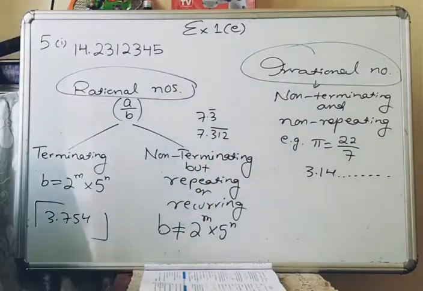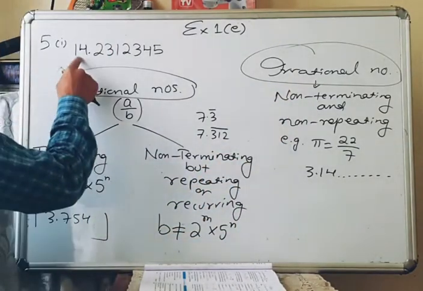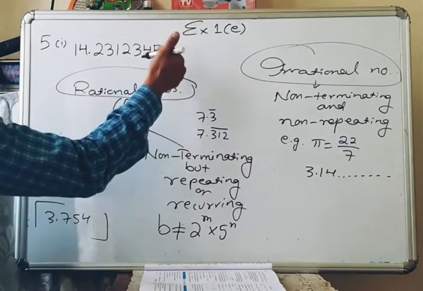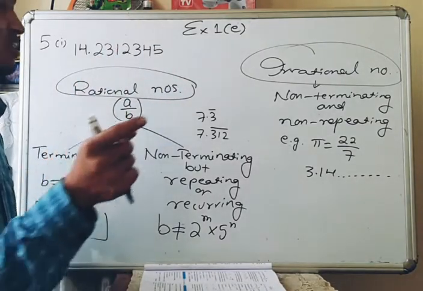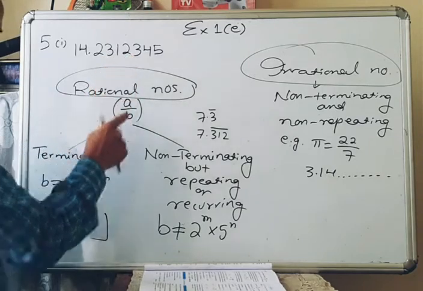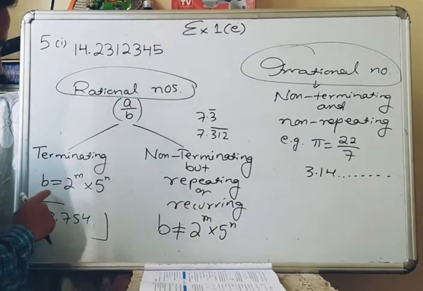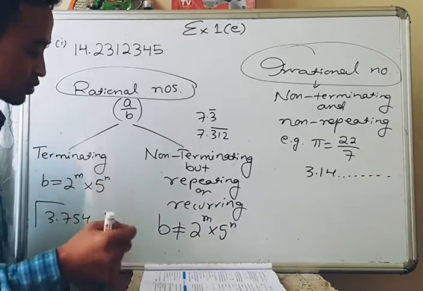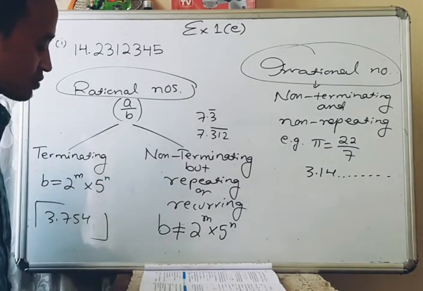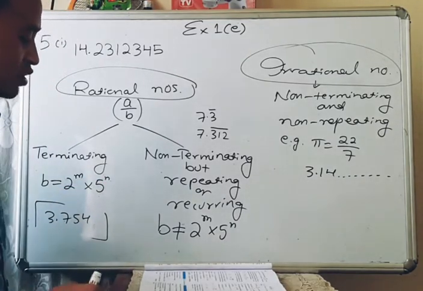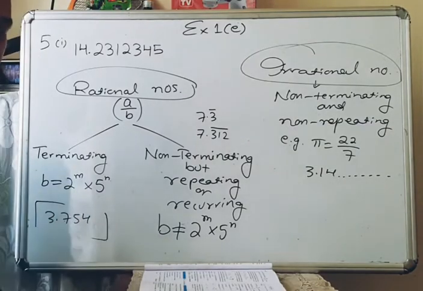For example, question number 1 is 14.2312345. It stops here. So this is a rational number, and the denominator b can be written in this form. The question says if they are rational numbers of the form a upon b, what can you say about the prime factorization of b?